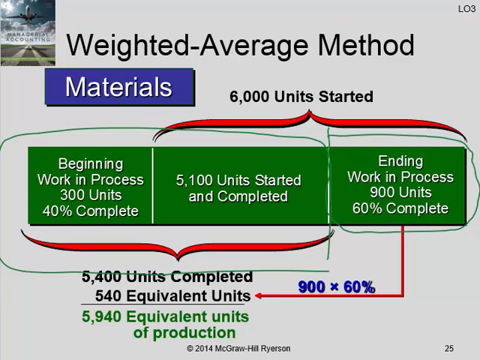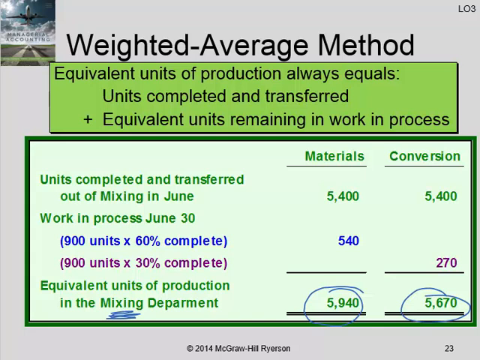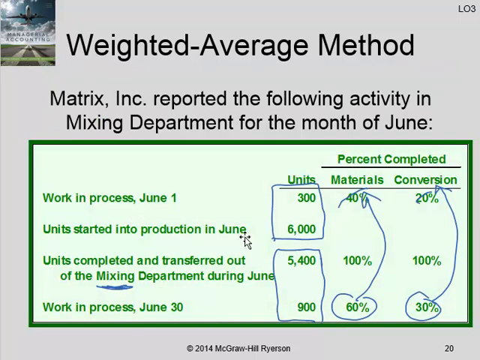So going back to our example up here, a little bit further up. Right? That was just a pictorial representation of this stuff here. Okay, so beginning work in process plus what we started has got to equal what we transferred out and what we have left over.